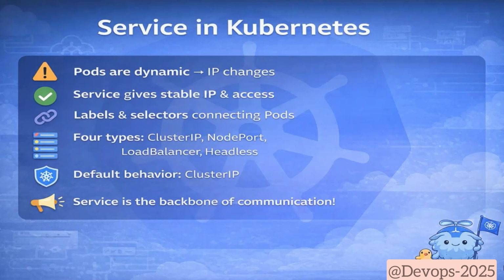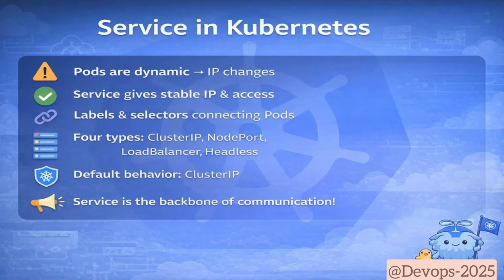The second type is NodePort, which exposes the application using Node IP and port. The third one is LoadBalancer, which exposes applications using an external load balancer. And the fourth one is headless service, which has no service IP and gives direct pod discovery. Depending on how you want to access your application, you choose the service type in your manifest file.